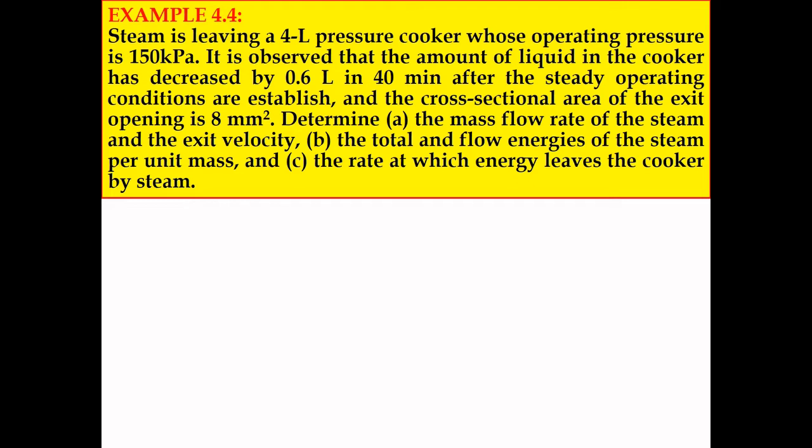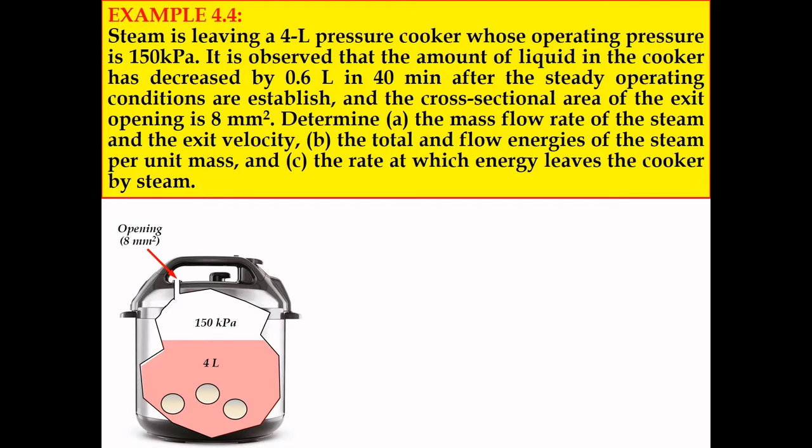Okay, so first we need to determine m dot, the mass flow rate of the steam, and also the velocity of the steam. B, we want to know the total energy and also the flow energy of the steam. And C, we need to determine the rate at which energy leaves the cooker by steam.